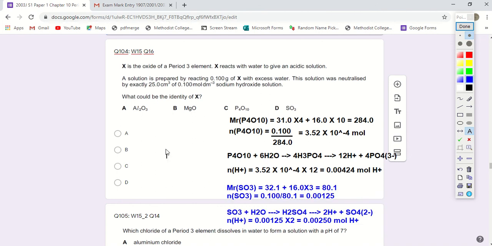So now let's calculate the number of moles of sodium hydroxide. Or we are calculating the amount of hydroxide ions in the solution, which is CV over 1000: 0.100 times 25, divided by 1000.